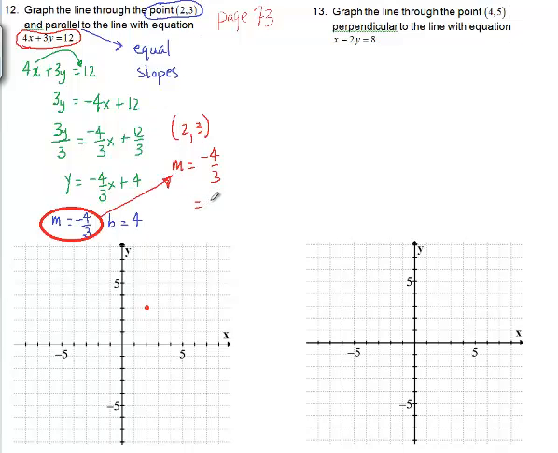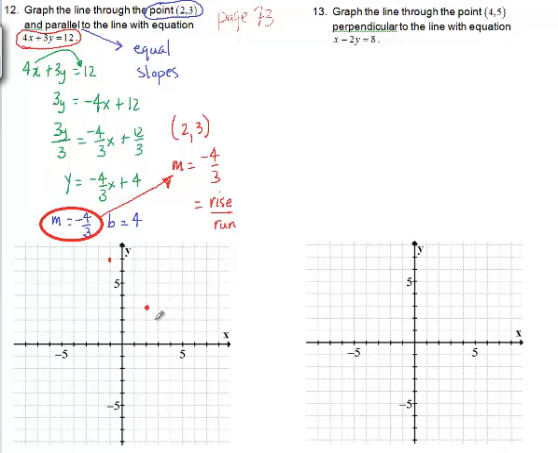And of course we know that's rise over run. So my run is 3 and my rise is 4. So we can go up and to the left if it's a negative slope, or down 4 and to the right. So I'm going to choose up 1, 2, 3, 4 over 1, 2, 3.